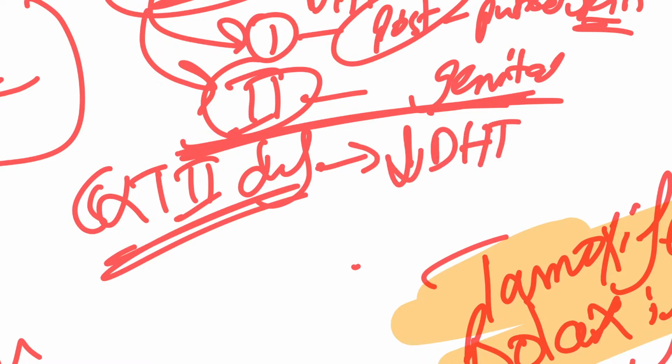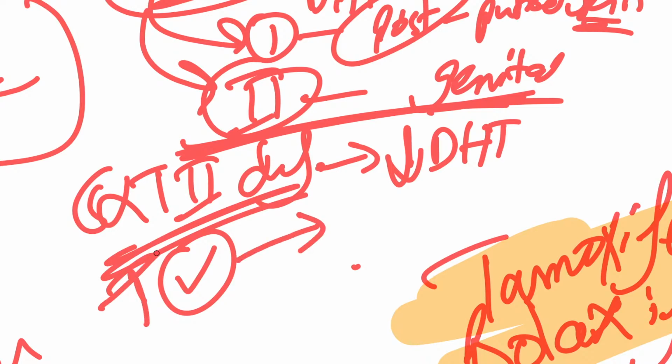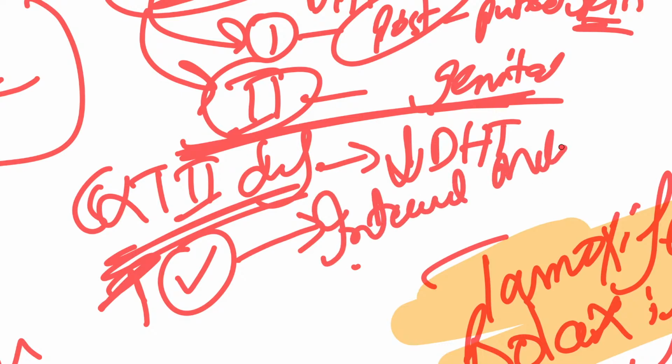Decreased DHT. So testosterone is present, but DHT is not. We will talk about that in reproduction. Because testosterone is present, you will have internal male genitalia. Male genitalia is internal.